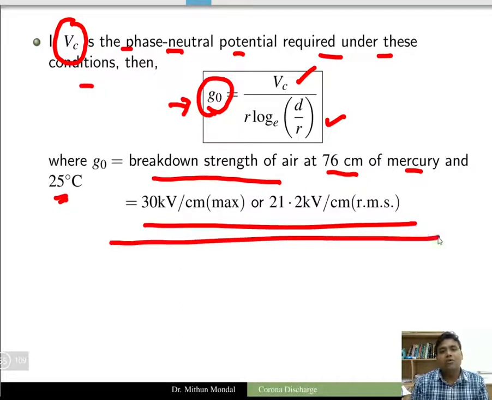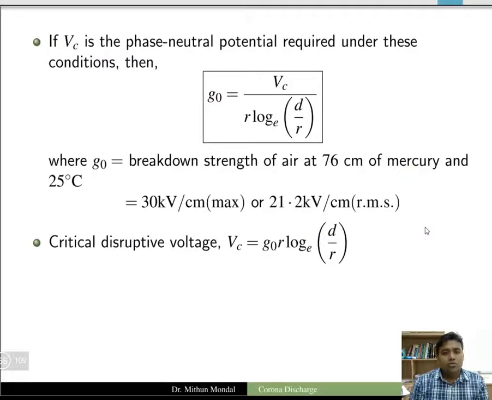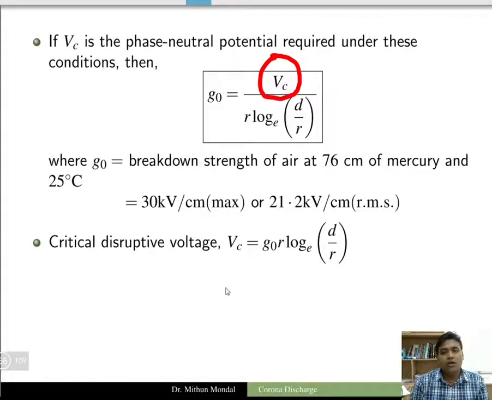It is 30 kilovolt per centimeter maximum and 21.2 kilovolt per centimeter the RMS value. So the critical disruptive voltage from here we can obtain, that is the voltage required to produce the corona, is equal to G naught, that is the breakdown strength of air, multiplied by the radius r, log_e of the distance of separation d by the radius r.